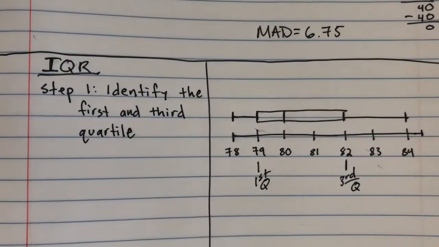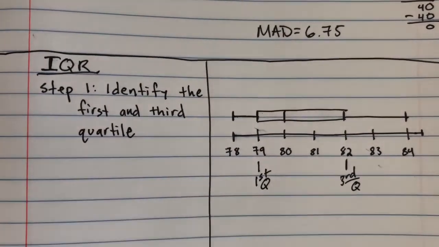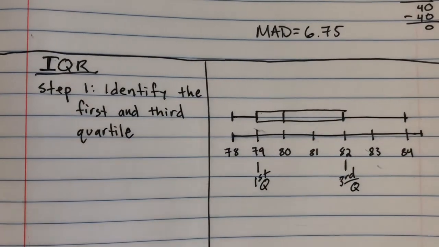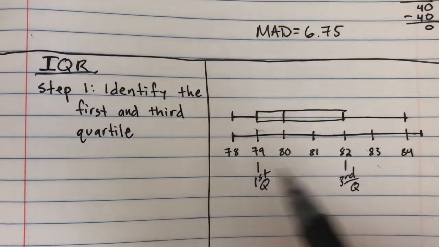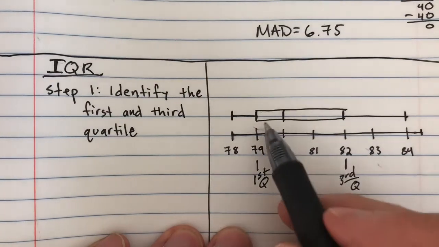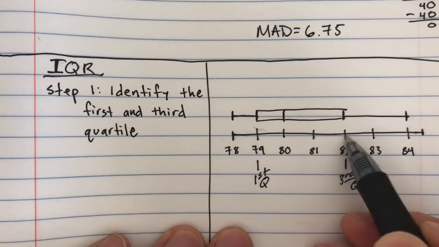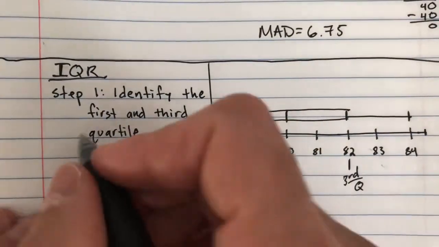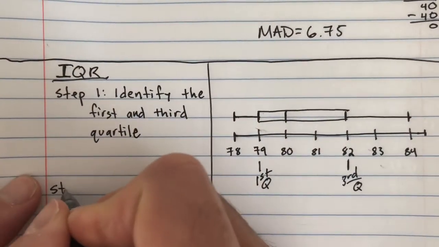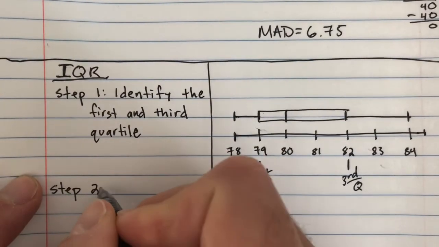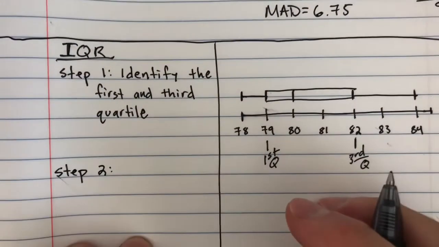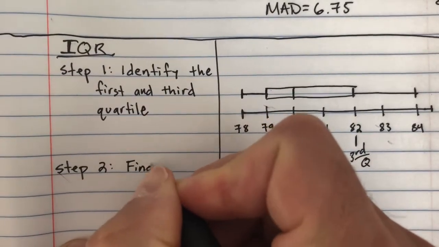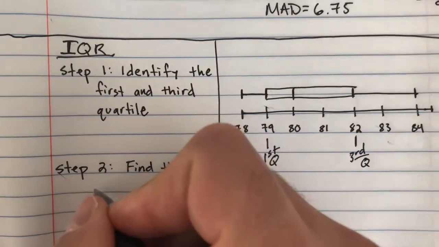Just like that. The second step is to find the difference between 82 and 79. There's a few different ways you can do that. One, you can just take 82 and subtract 79, or you can just count, right? What's the difference between here? Well, we got 1, 2, 3 spaces in between 79 and 82. The answer is 3. So step 2 is find the difference.